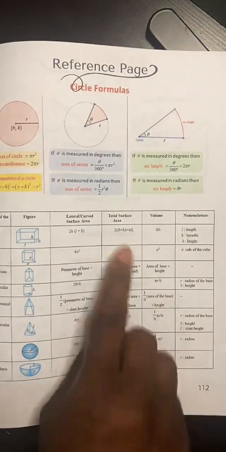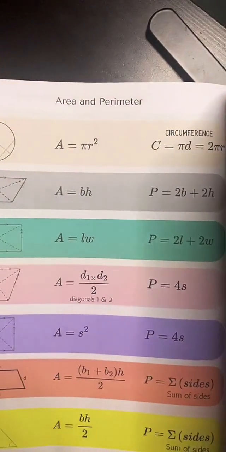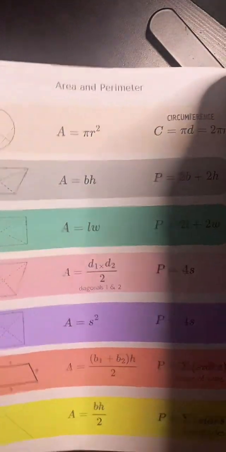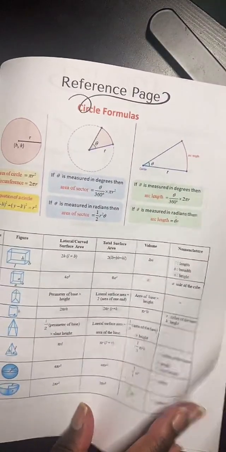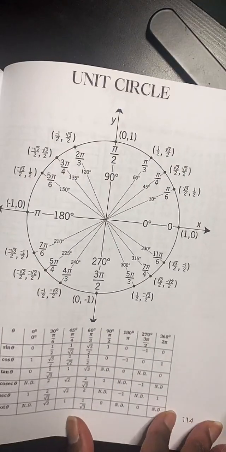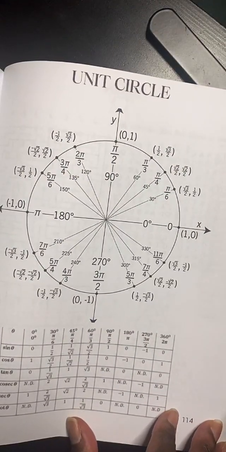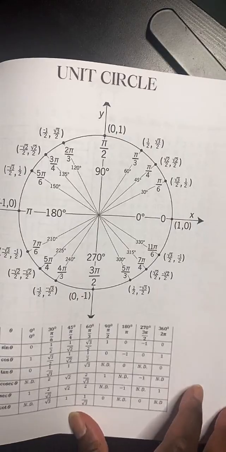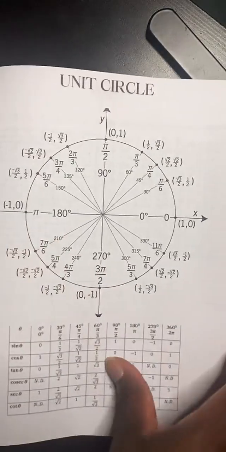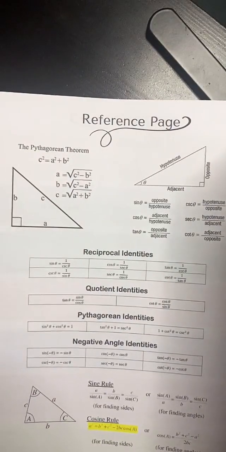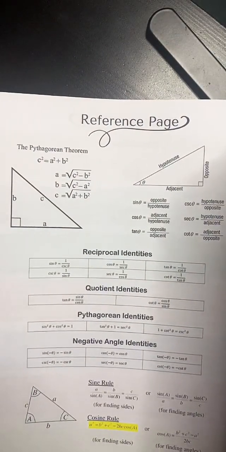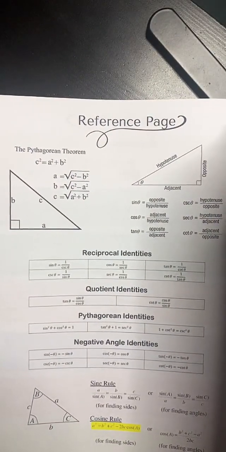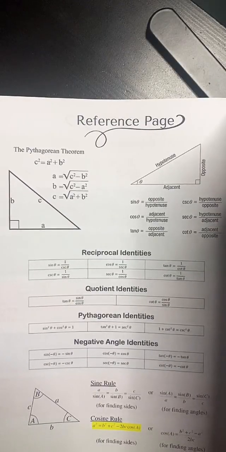We have volume, we have surface area, then area and perimeter, to kind of break down all those formulas. Because the first thing a lot of my students will say is there are so many formulas and I just can't keep track. As well as your unit circle for my little advance. Because most notebooks nowadays, even with the teachers that are in here, most of these notebooks are not designed for our secondary students.